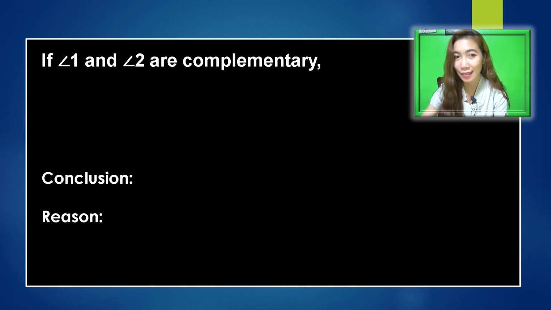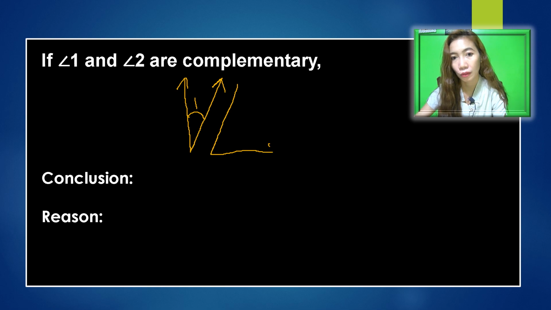For our last example, if angle 1 and angle 2 are complementary, what will be the conclusion and the reason? To illustrate first, if angle 1 and angle 2 are complementary, it means that when you add them, the answer should be 90 degrees.